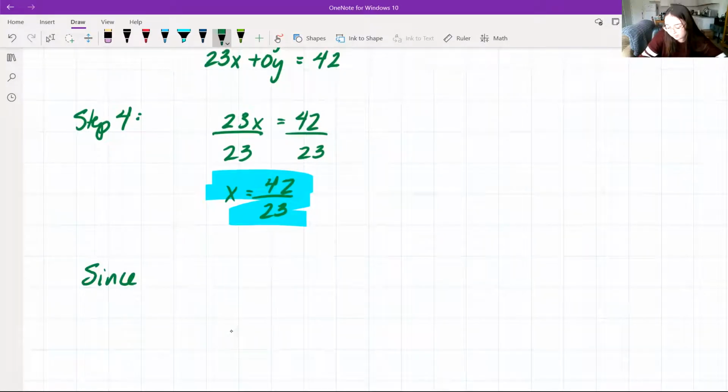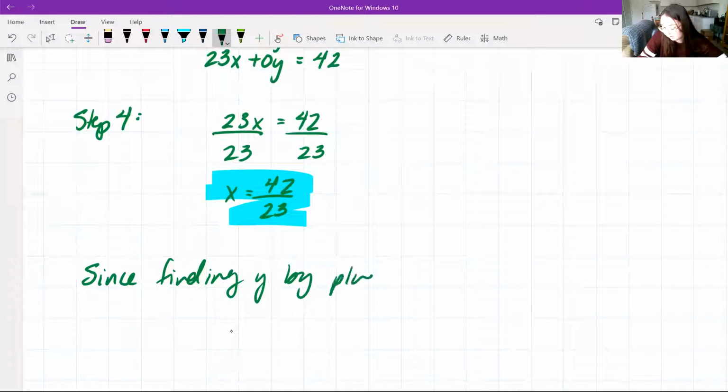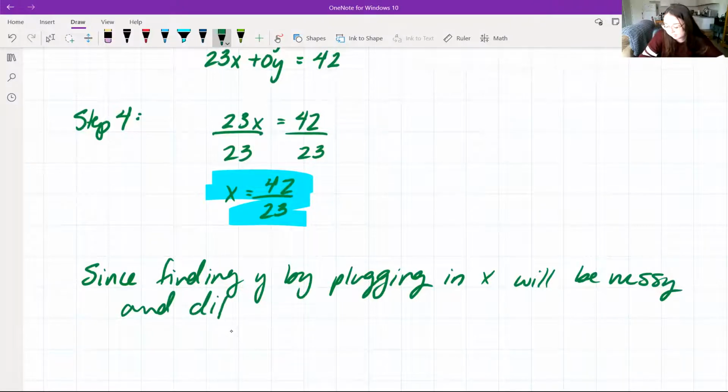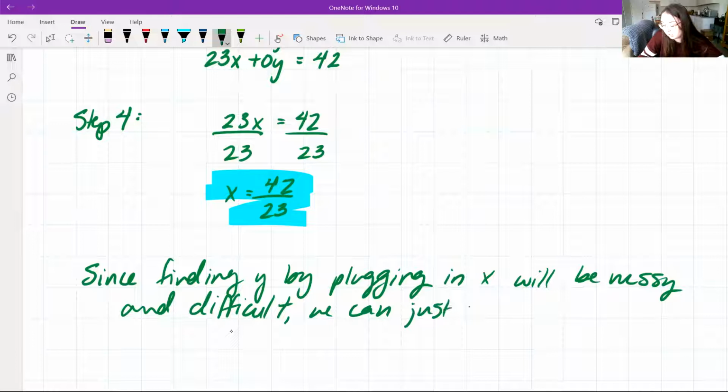Since finding y by plugging in x will be messy and difficult, we can just use the elimination method again.